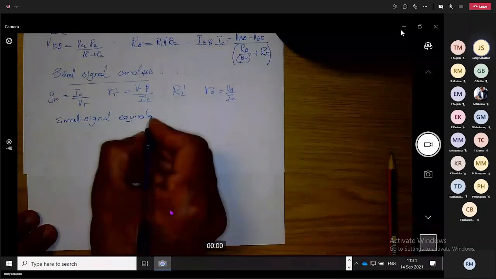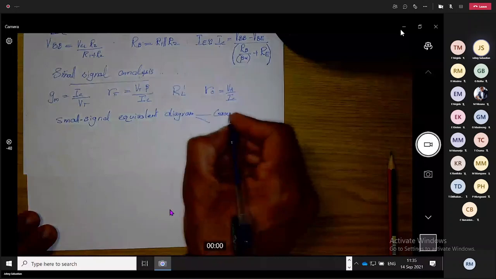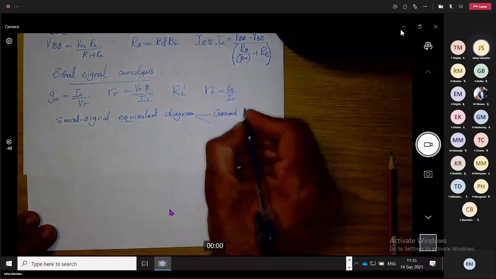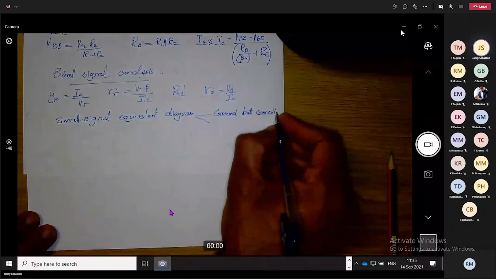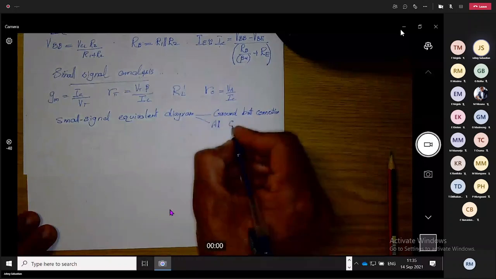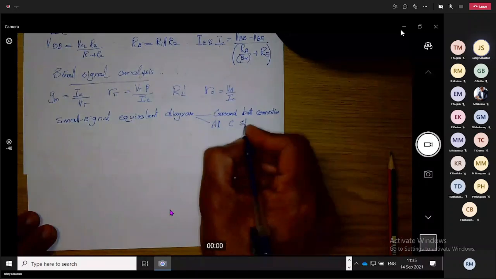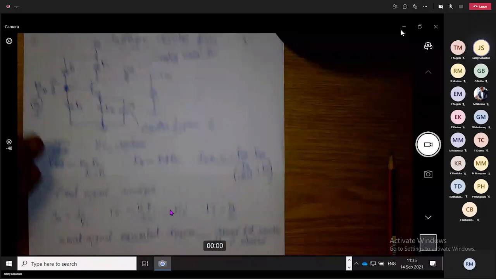To do that, we have two assumptions: ground the battery connections, and short the capacitors. Basically, for small signal analysis, there is only one battery, that is VCC, grounded.